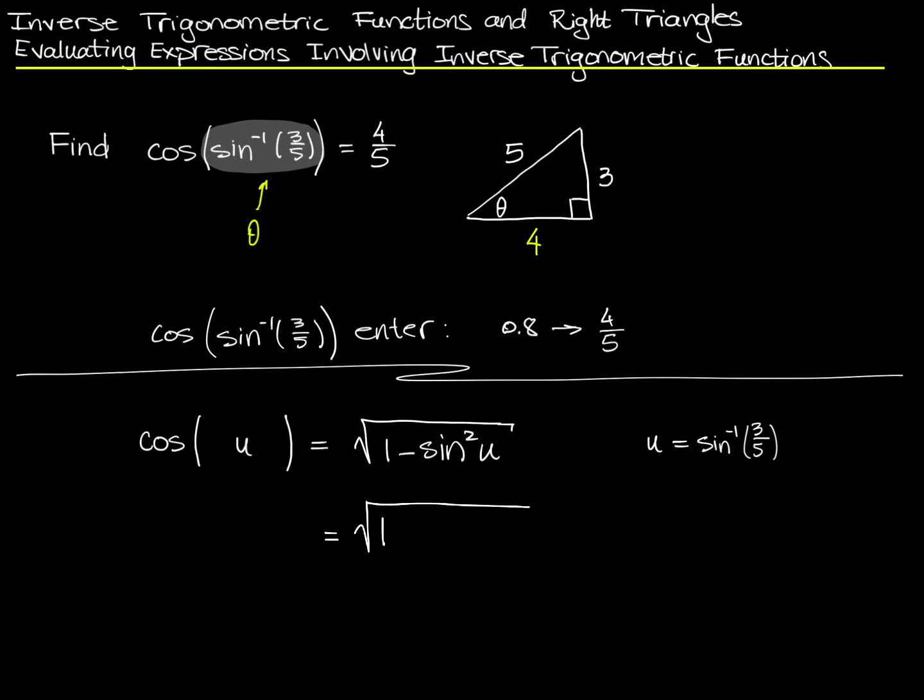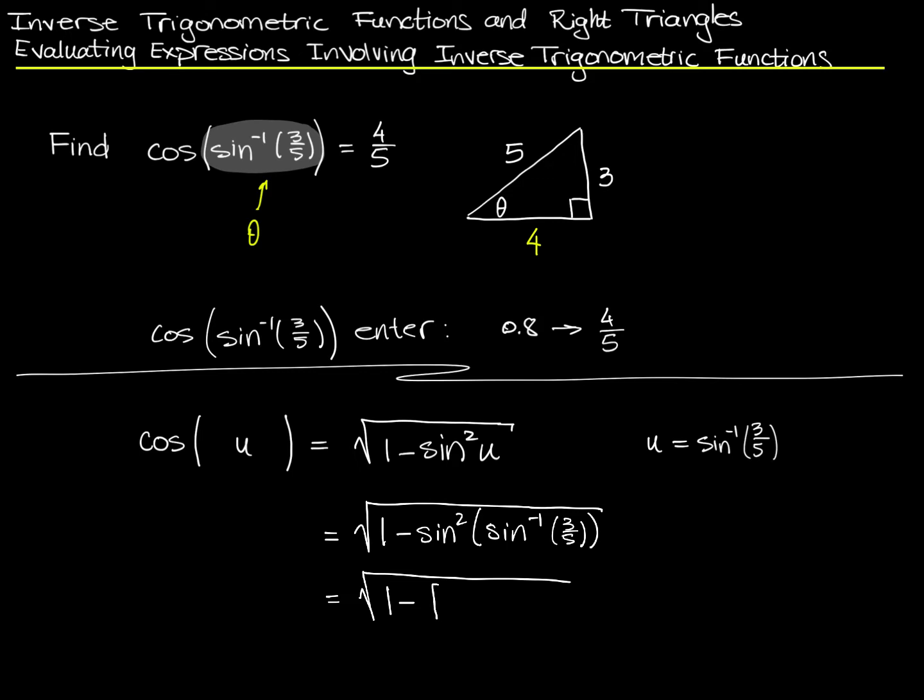And we said that u was a sine inverse of 3/5. So we can replace it. I can also write this as a step that's missing in your textbook, but it's just a notation thing.